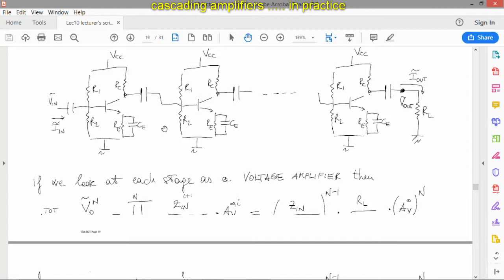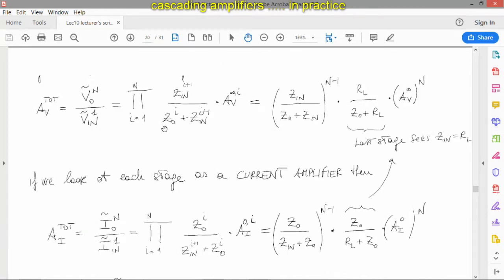So, for example, for this example here, you should expect the total amplification will have, again, this behavior here. That's the formula we saw previously. Or if you were using this cascade as a current amplifier, you would use this thing here.